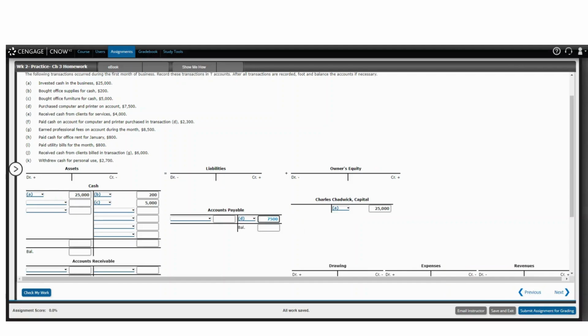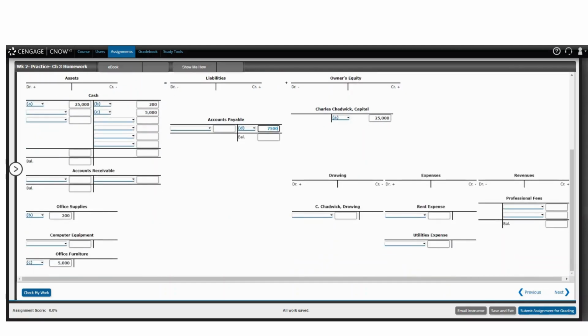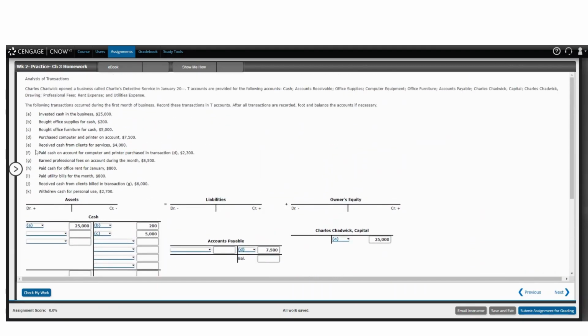And the other account that's affected is down here. Got to scroll a little bit. It is computer equipment. So D, 7,500.